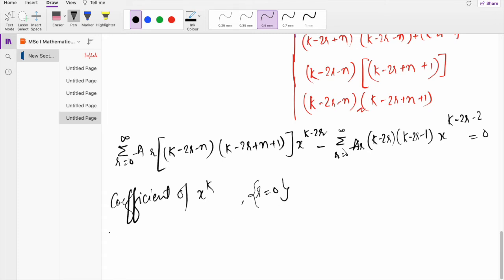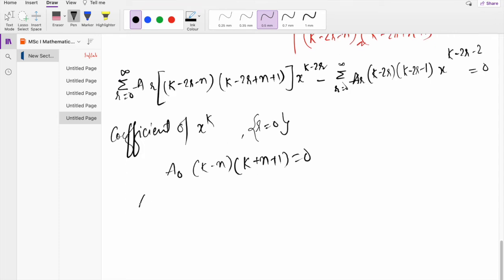Because of r being 0, this term vanishes, so (k − n)(k + n + 1) is equal to 0, because on the right-hand side there is no term of x to the power k.